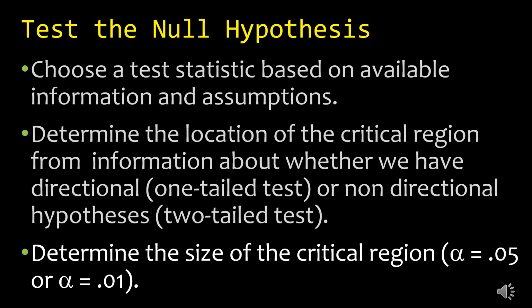We will learn how to choose from many test statistics eventually, but we will start this process by using just one test statistic. We've already determined that we will be doing a two-tailed test as our hypotheses were non-directional. We need to talk about assumptions for the z distribution, which we will be using first, and we need to learn about alpha and decide on alpha and the size of the critical region.